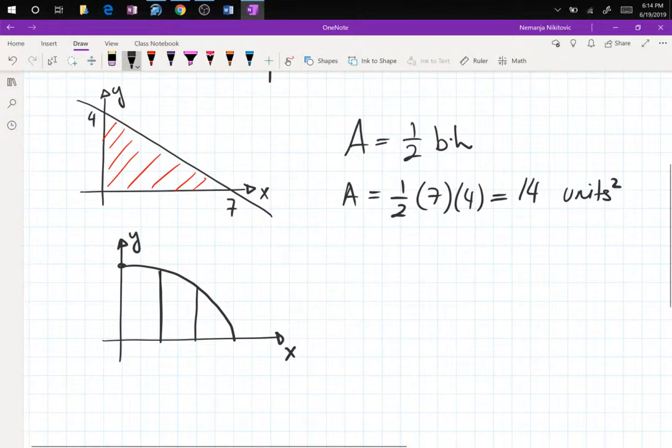And you can partition into whatever number of these stripes that you want. In this case, let's say 3 is good enough. So if this is 0 to 6, then these partitions are at 2 and 4.